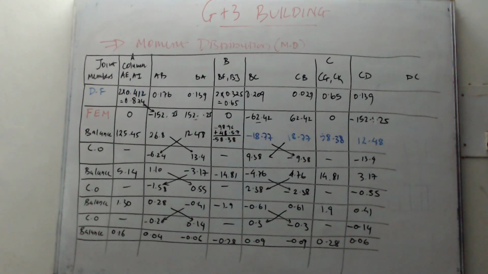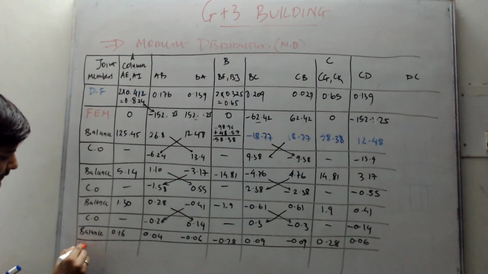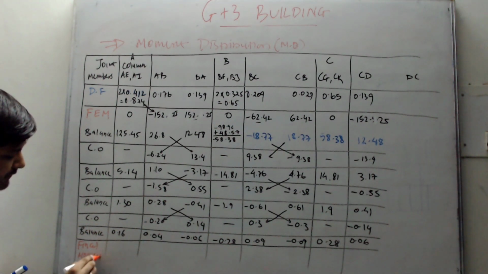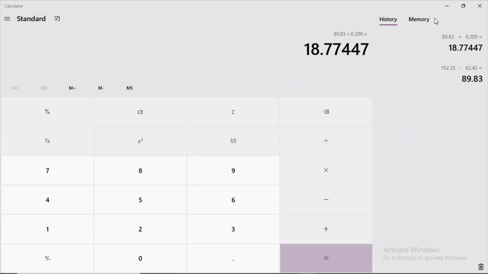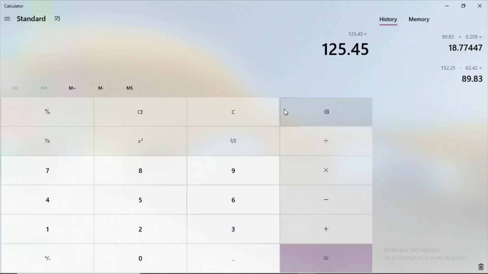Now let me calculate the final moments. So final moment will be summation of all the balance moments. 125.45 plus 5.14 plus 1.30 plus 0.16.